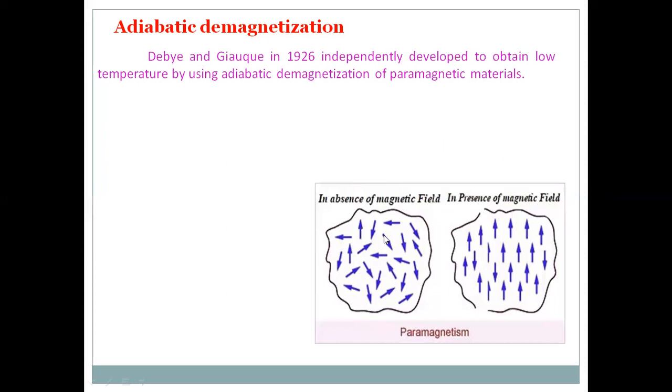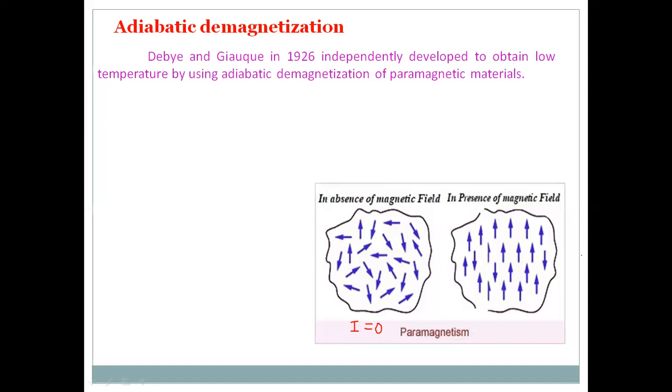Due to the different directions of these molecules, the intensity of magnetization, represented by I, is equal to 0, because all the molecules are in different directions, so the magnetic moment is 0. That is, magnetic moment M equal to 0 means intensity of magnetization I is also 0.